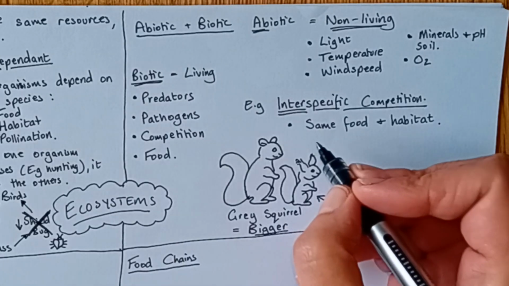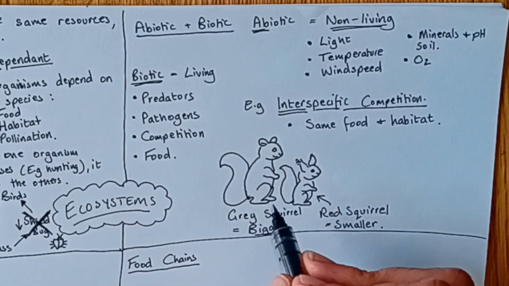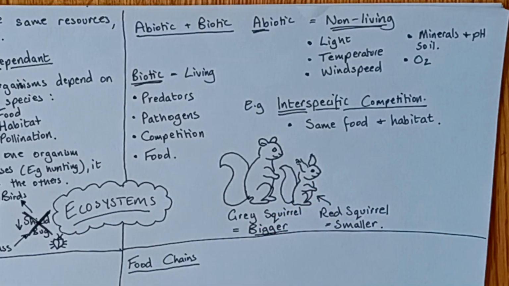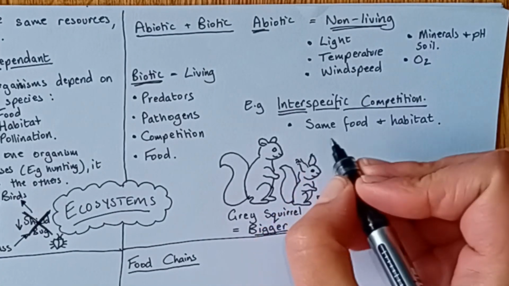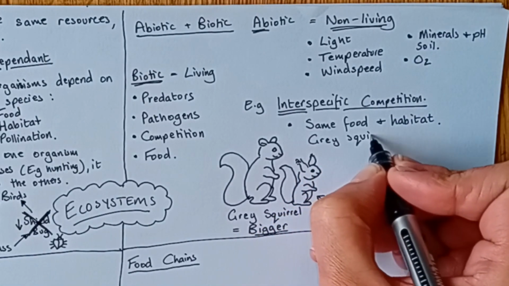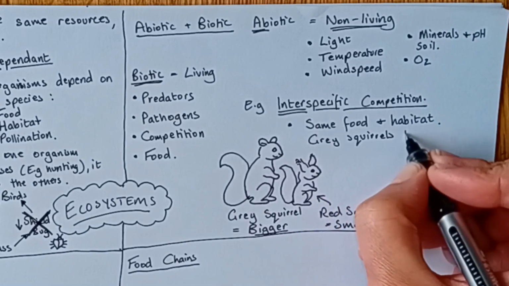On top of that, the grey squirrel was bigger, so it meant that they got more of the food and took more of the habitats.